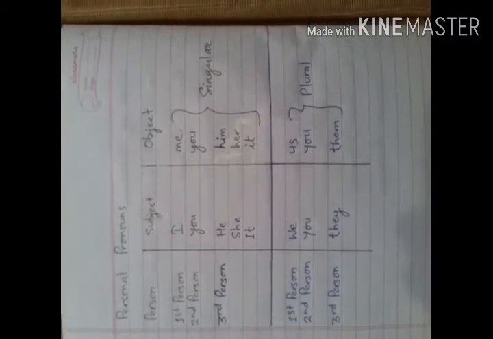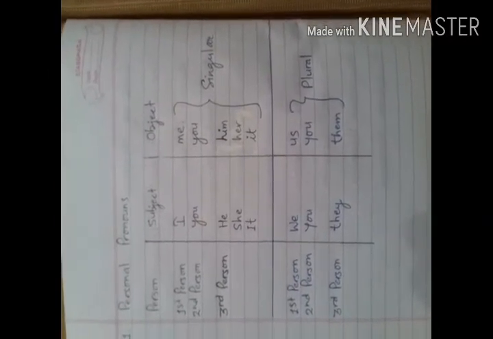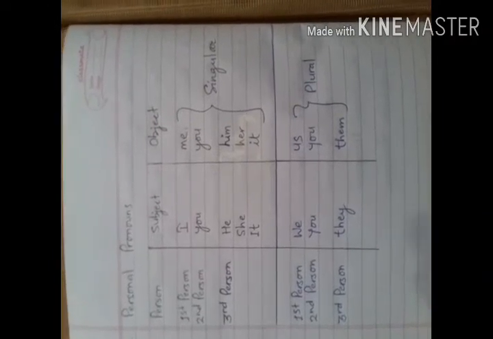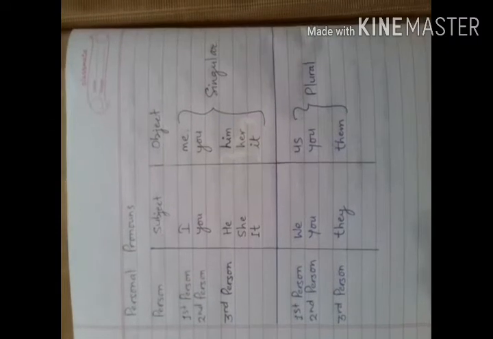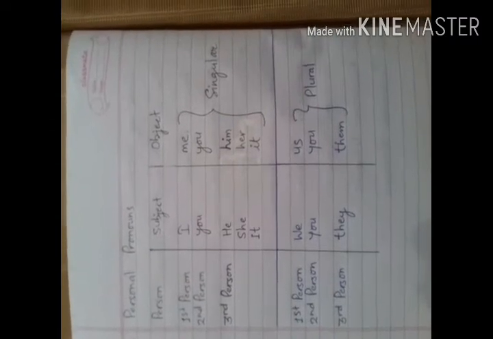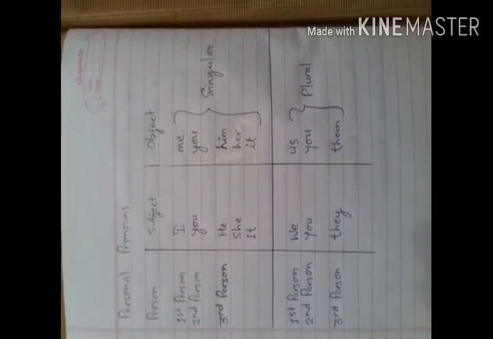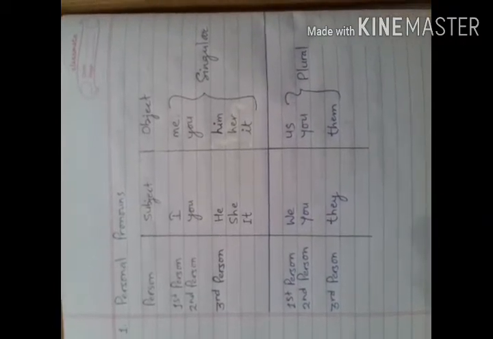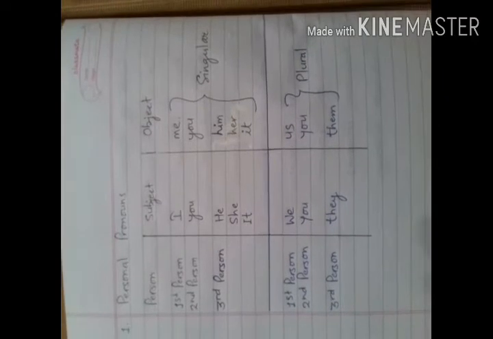But whenever we use pronouns as the subject and object, we need to be very careful because they change their forms, unlike nouns. Nouns remain the same whenever we replace one noun by another noun. They only change their place when they are used as subject and object. But when we use pronouns as the subject and object, we need to be careful because they change their forms.